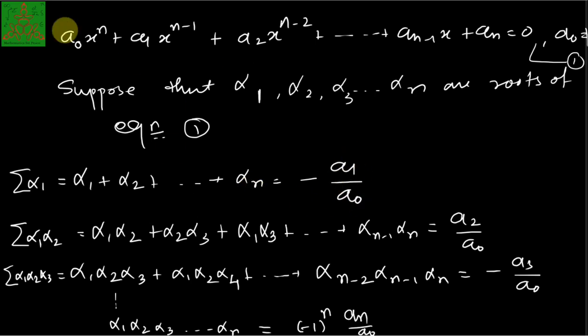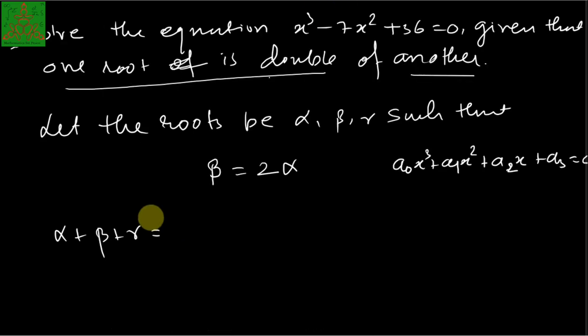Here it is a polynomial of degree 3, so alpha 1 plus alpha 2 plus alpha 3, which I have assumed as alpha, beta, gamma, is minus a1 upon a0.